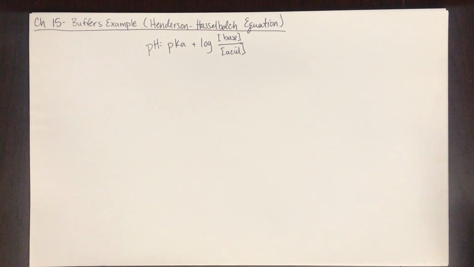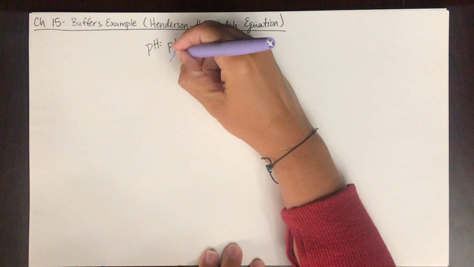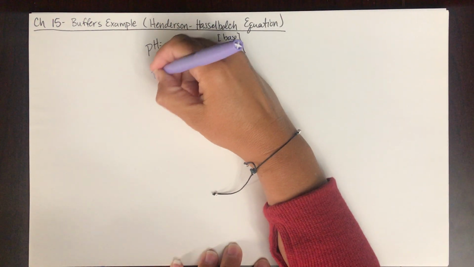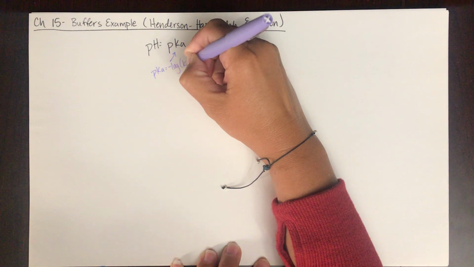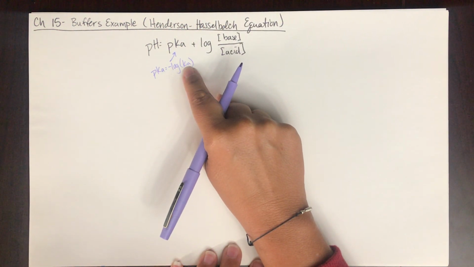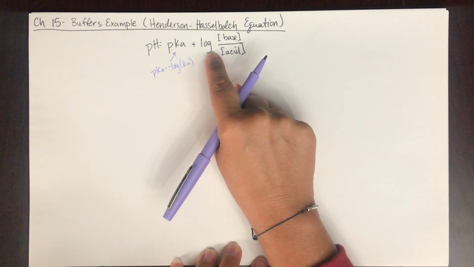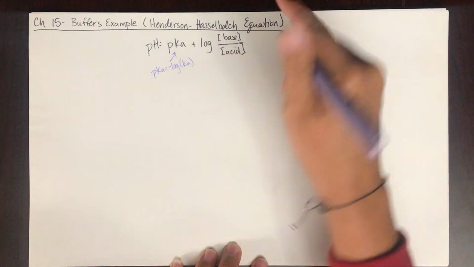So let's walk through this. Usually you're being asked to solve for the pH. Remember what the pKa is. pKa is the negative log of the Ka, the acid ionization constant for the weak acid, plus the log of this ratio, base to acid.